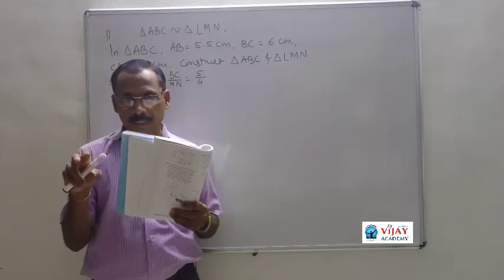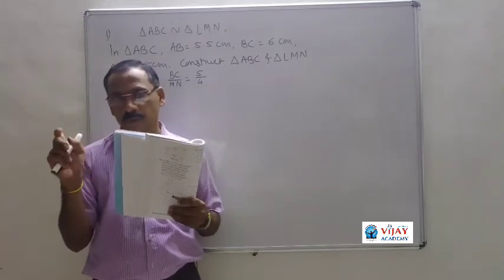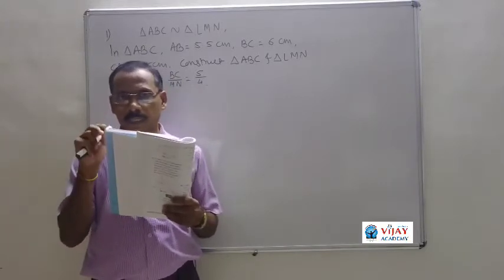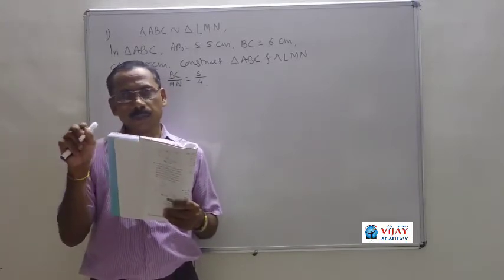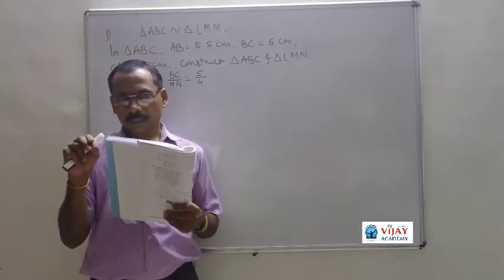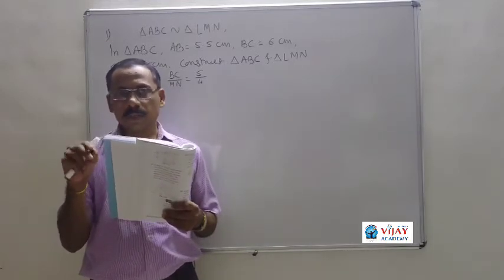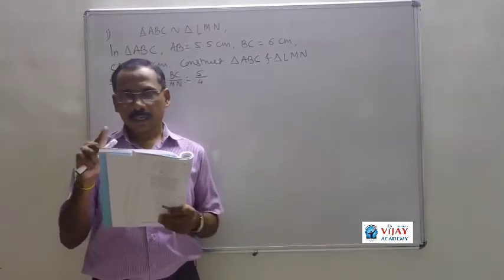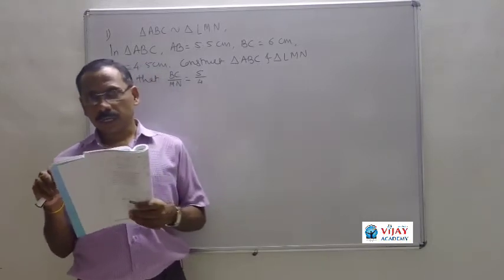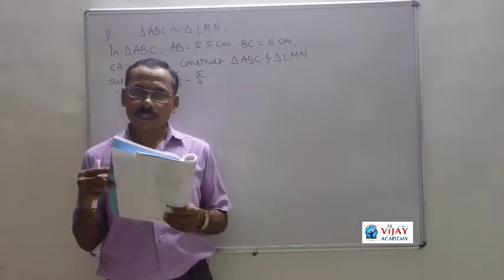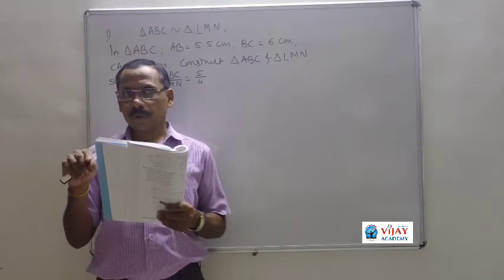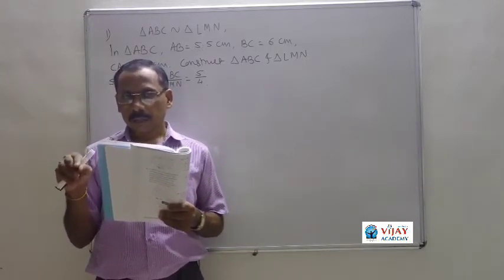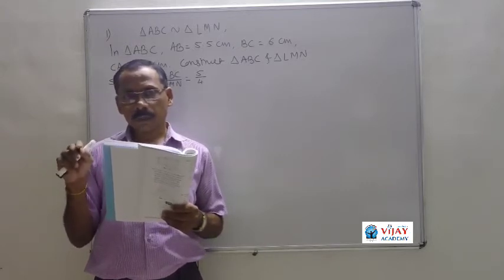In the case of similar triangles, you know the basic property: when two triangles are similar, their corresponding sides are in proportion and corresponding angles are congruent. If triangle ABC is similar to triangle PQR, the corresponding sides are AB upon PQ is equal to BC upon QR is equal to AC upon PR.